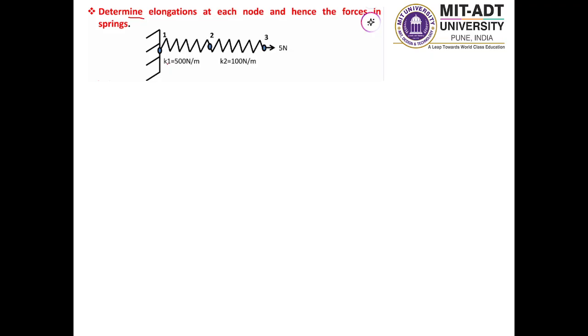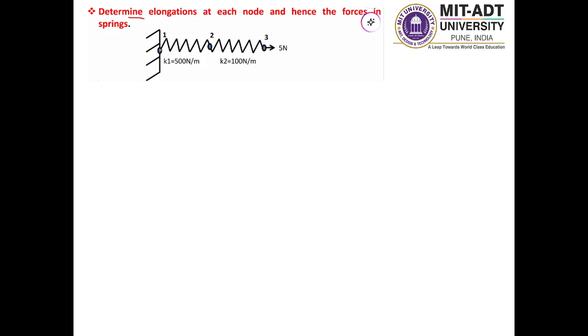For the first spring, which is in between node 1 and node 2, the value is given as k1, which is 500 newton per meter, and the second stiffness value for spring 2 is 100 newton per meter.